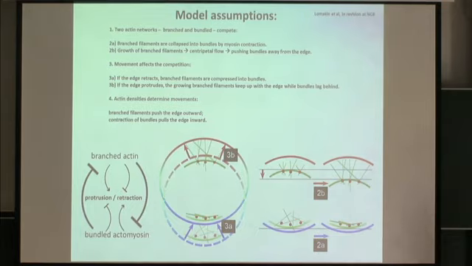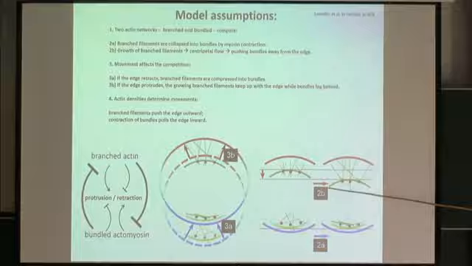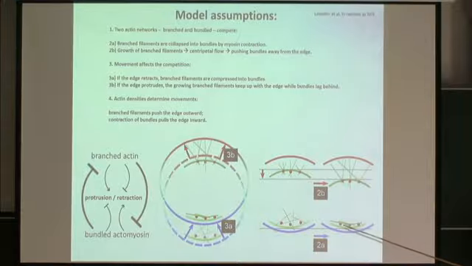If branched actin starts winning, it simply pushes the bundles away from the leading edge, which is protruding. On the other hand, if bundles start to win, they simply compress branched actin into the bundles. So they kill each other, those two networks.